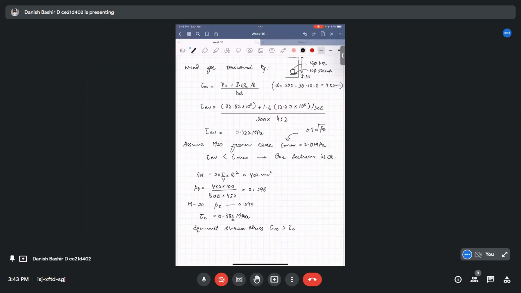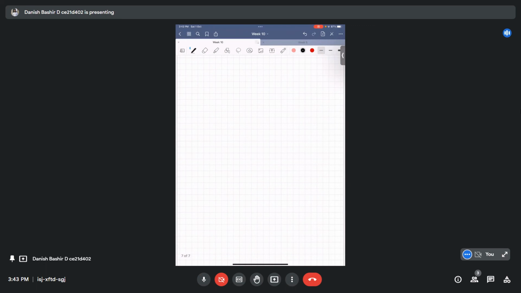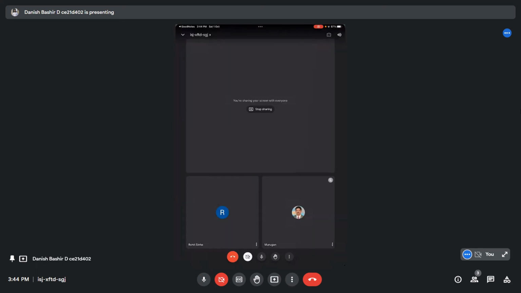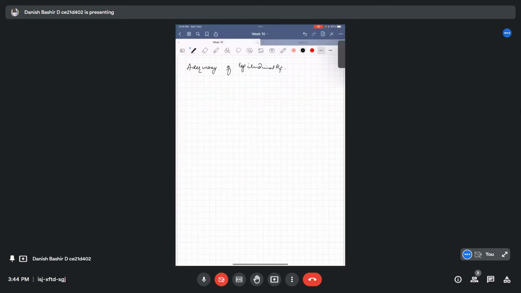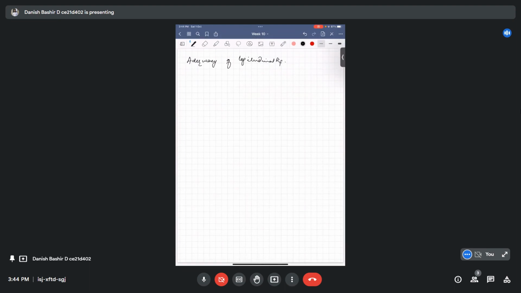Okay, so now we will calculate the adequacy of longitudinal reinforcement.